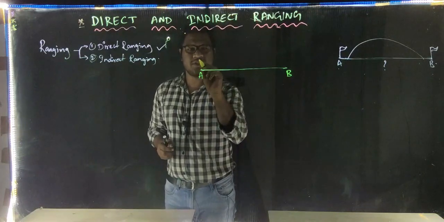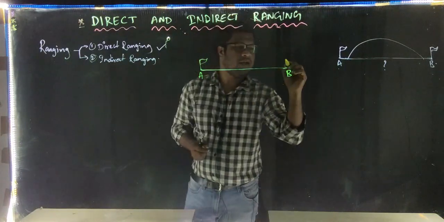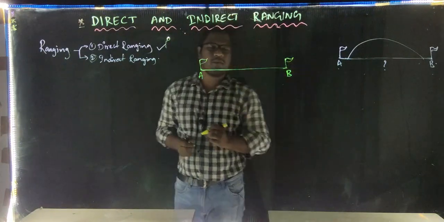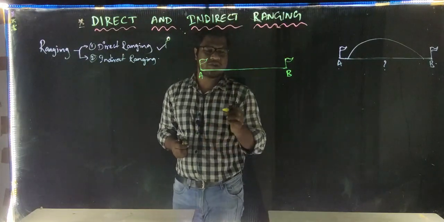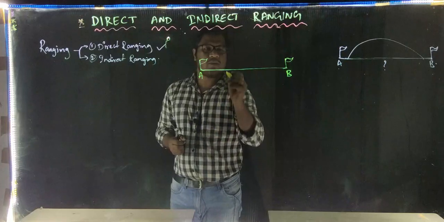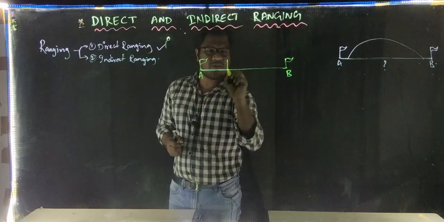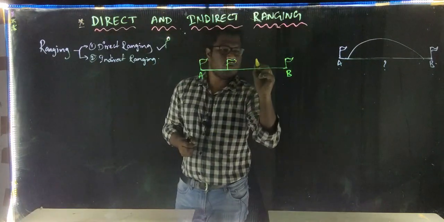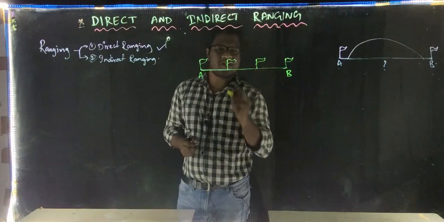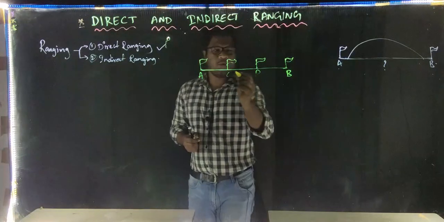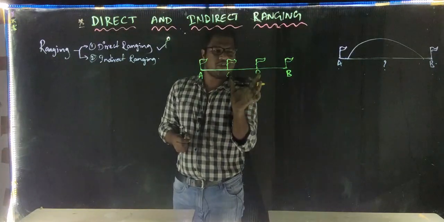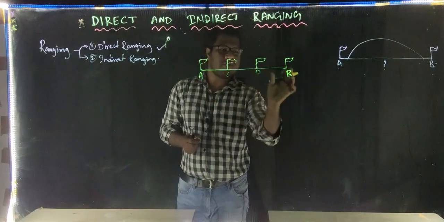I want to measure the distance between A and B. On a plane ground, with no obstacles present, what I am going to do is establish a few more intermediate stations, C, D and so on. I am going to fix these stations so that I can measure the distance easily.